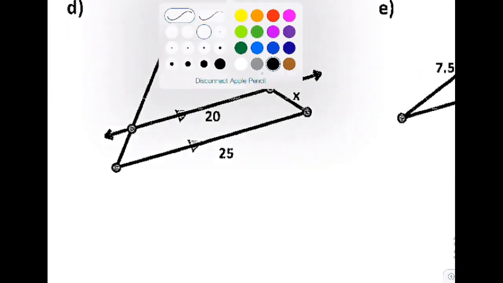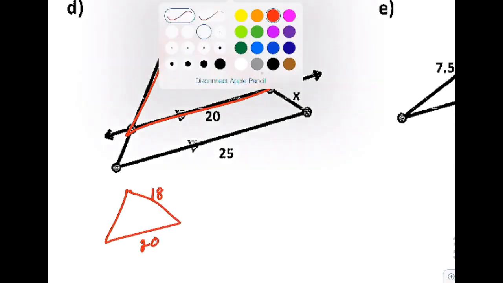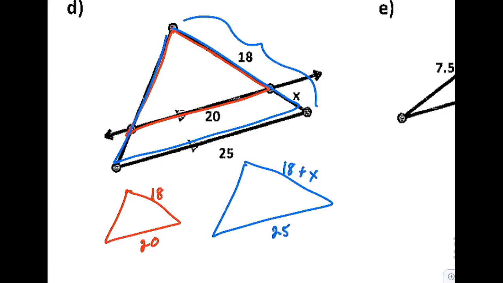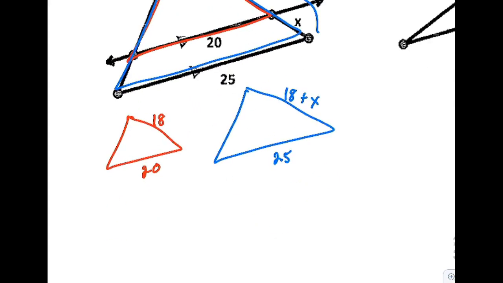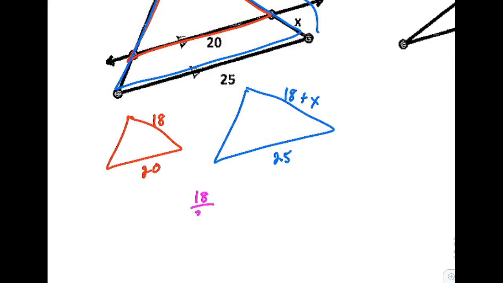Letter D. I have small triangle, 18 and 20, and I have the big triangle, which is 18 plus x over 25. That entire side is 18 plus x. So when I set up that proportion, I'm going to go 18 over 20 equals 18 plus x over 25.